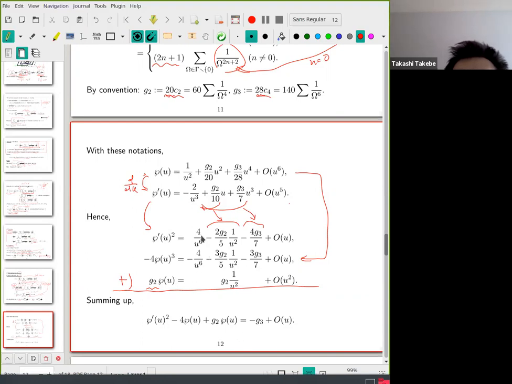Well, this cancels. This cancels. And we have minus G3 on the right side, plus some function of order u.